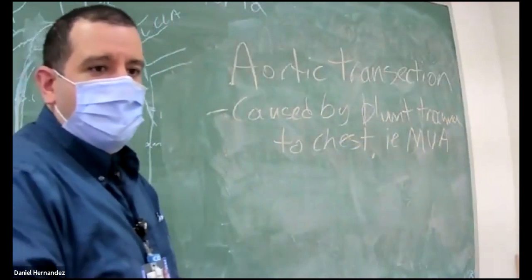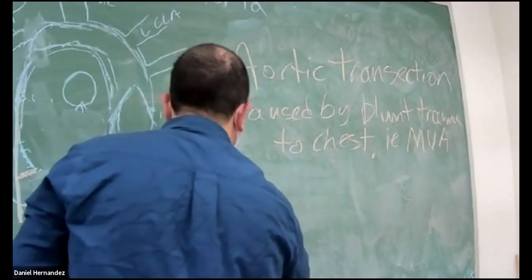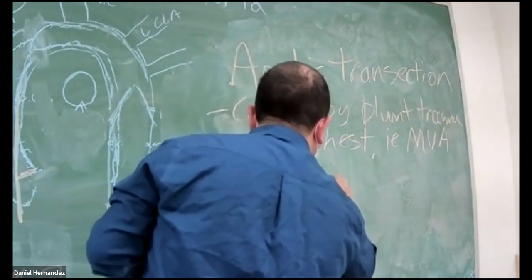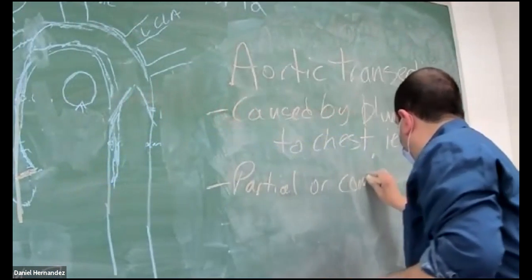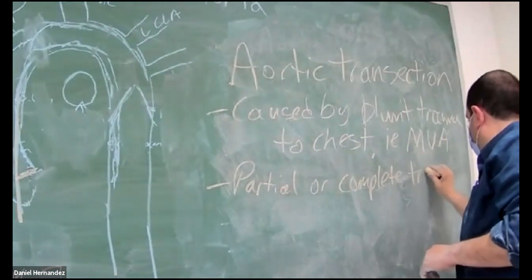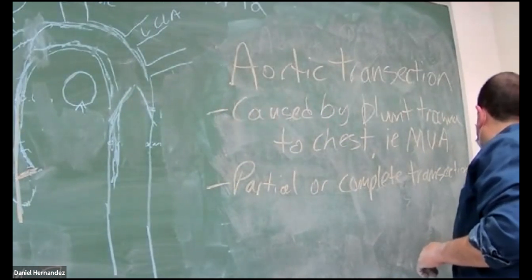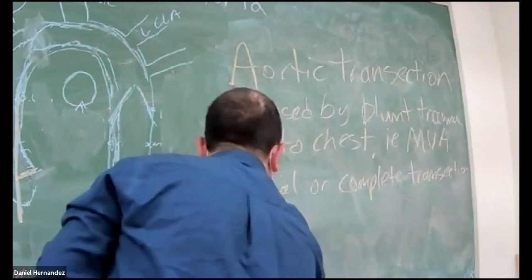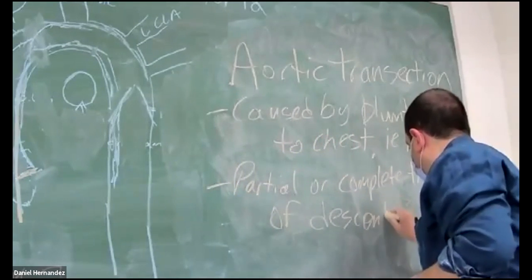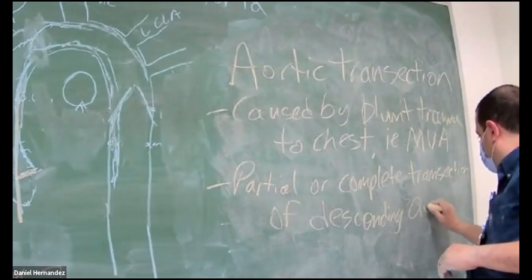So a partial or complete transection of the descending thoracic aorta.